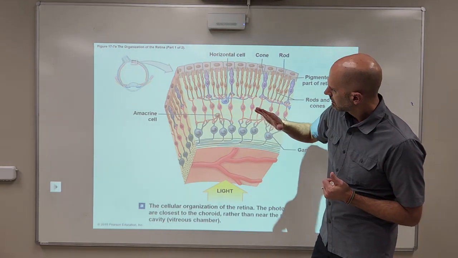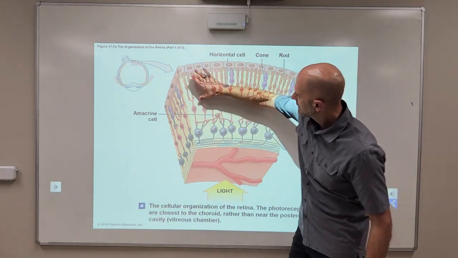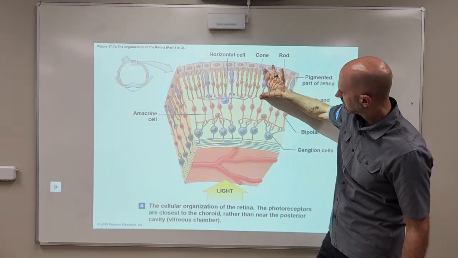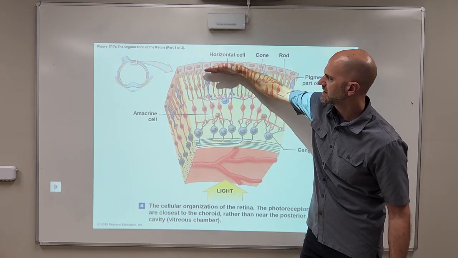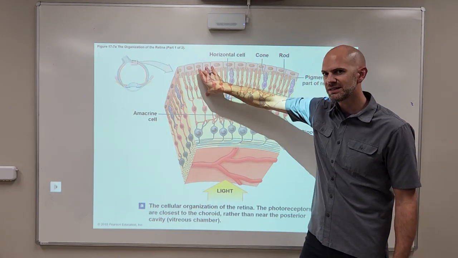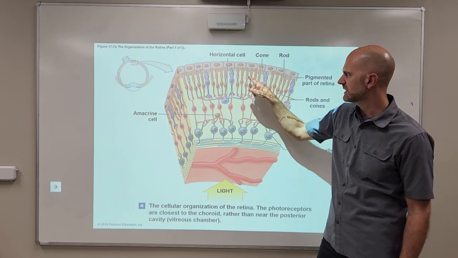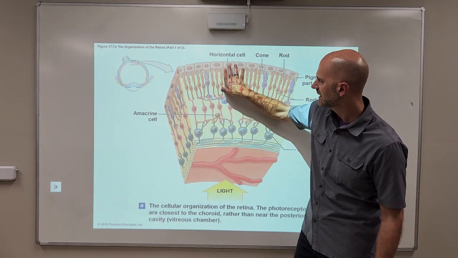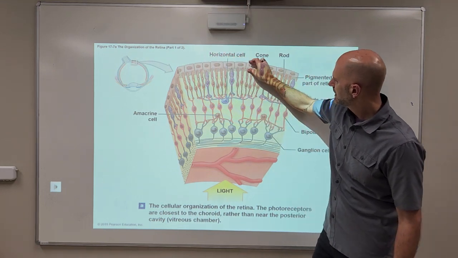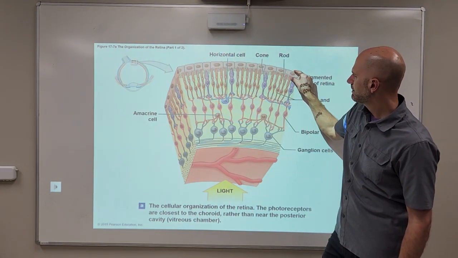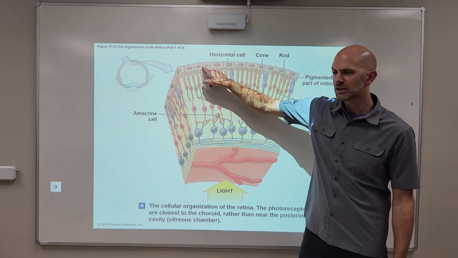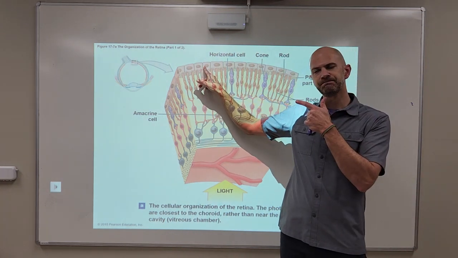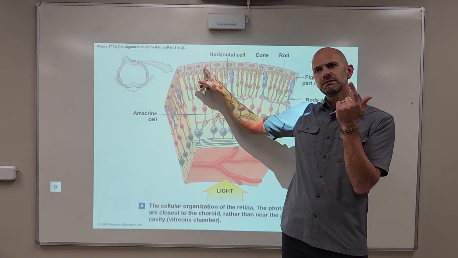So, into the retina. The first layer is the deepest layer, and that is the light-sensitive layer. Those are the rods and the cones because of their shape. These are cone-shaped, these are rod-shaped, and they're embedded into this pigmented layer. The pigmented layer here is full of melanin. What does melanin do again?